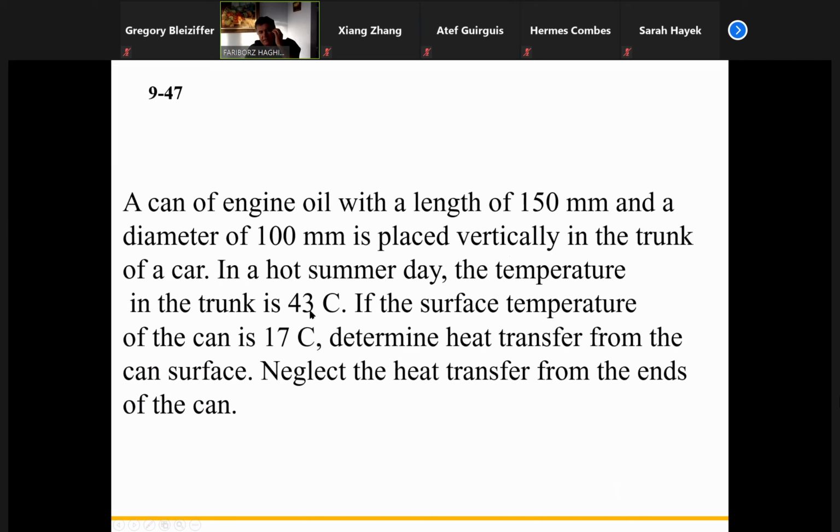It also mentions the temperature of the air in the trunk of the car. On a summer day, you put it in the back of the car, and because of the heat, the temperature of the trunk is around 43 degrees. Read this problem and go back to those equations so you can start to play with it.